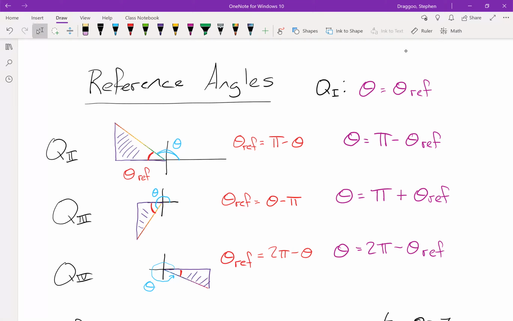So in the second quadrant, I want pi minus its reference angle. If I want an angle in the third quadrant, I'm looking at pi plus its reference angle. Fourth quadrant, 2 pi minus the reference angle. And then I also added in the equation for quadrant 1, although that one's pretty straightforward. If we're in the first quadrant, the angle and the reference angle are the same. So not a whole lot to really worry about there.